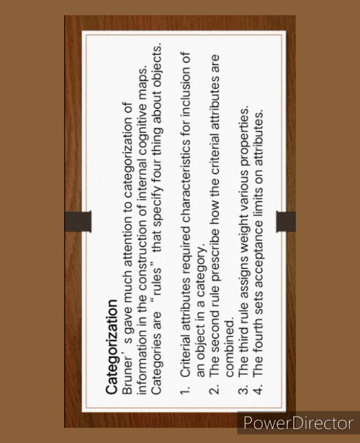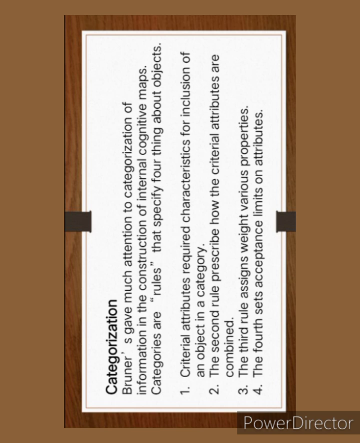For instance, students may categorize the animals based on their characteristics, such as fur, feathers, or scales, to simplify their understanding of the animal kingdom. So, for categorization, there are four rules that specify things about objects. First is criteria attributes, the required characteristics for inclusion of an object in a category.